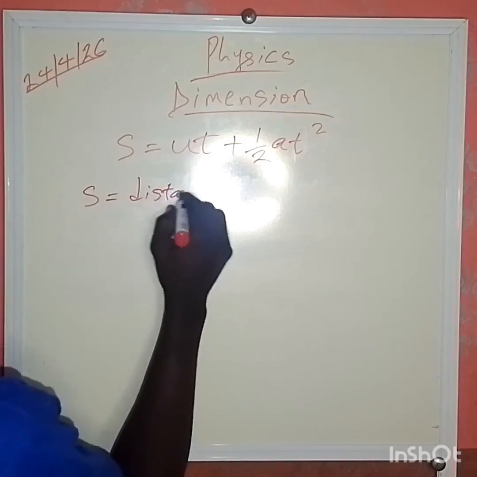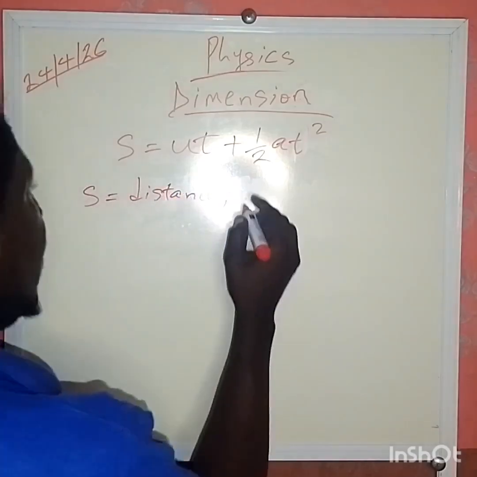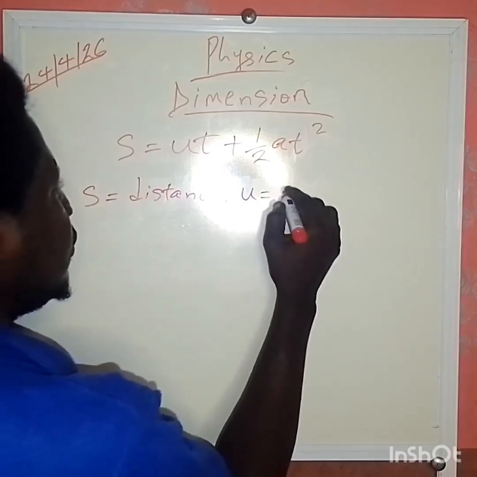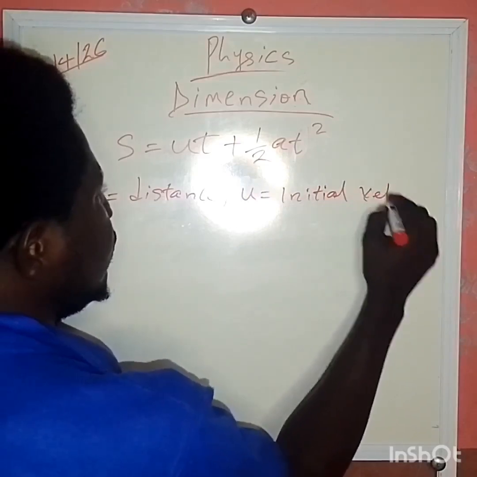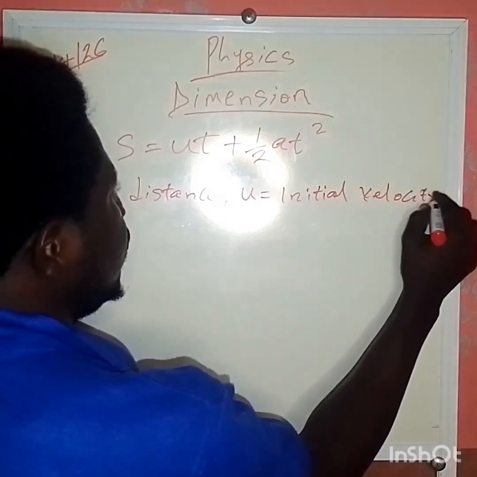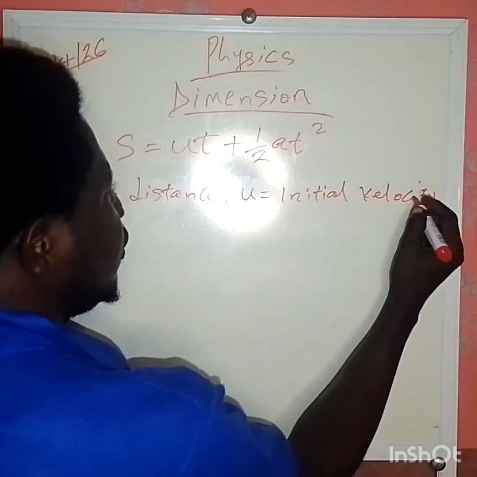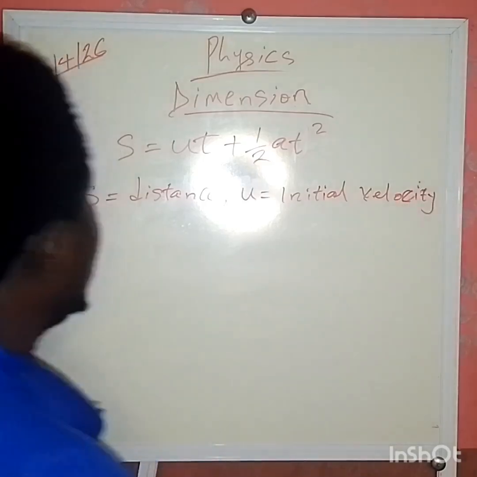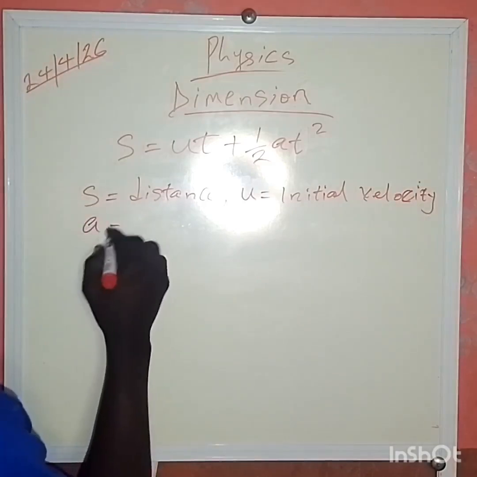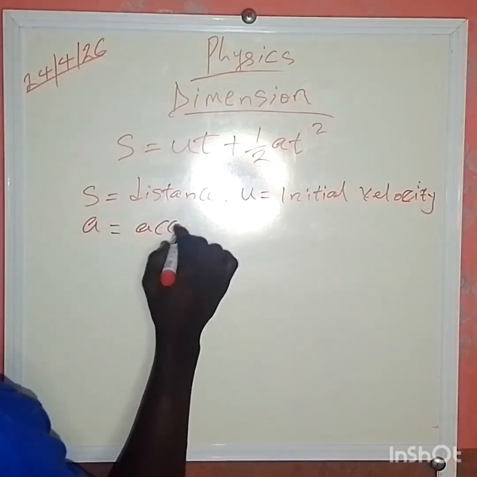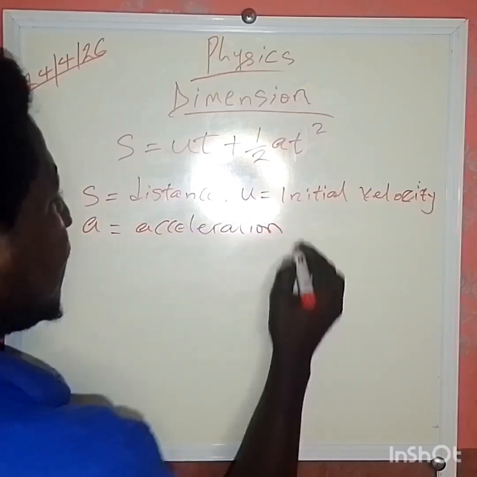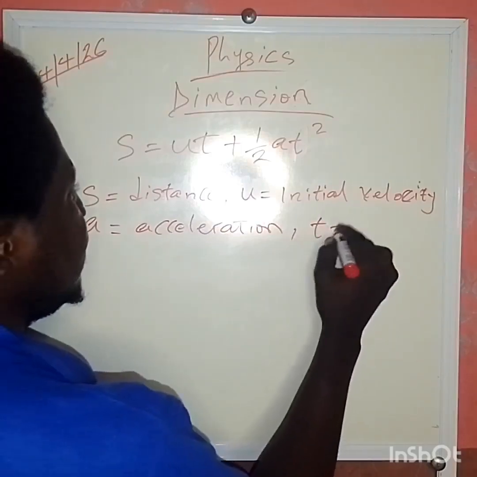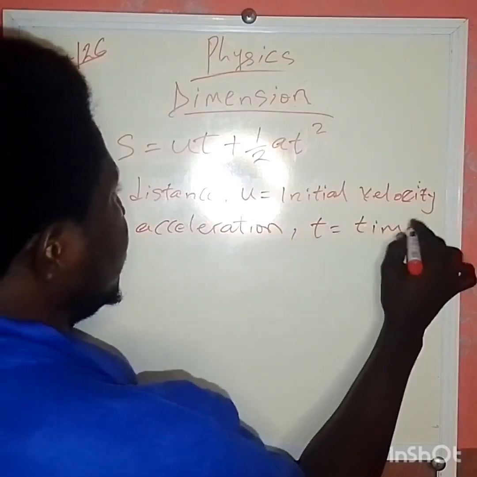S being distance and U being initial velocity, A is our acceleration, and T is our time.